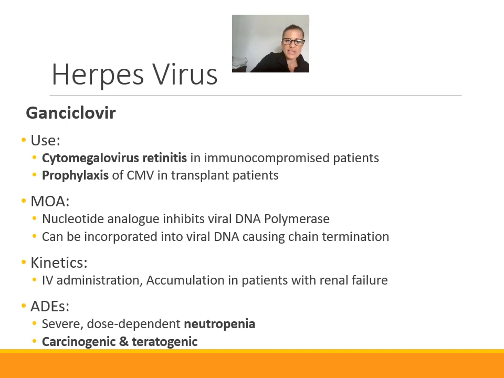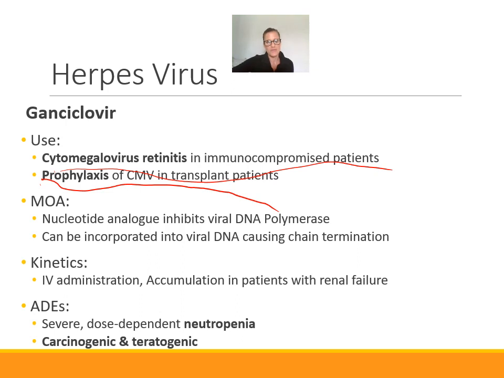We use it for CMV retinitis in immunocompromised patients. So like Sujathavir, right? Sujathavir is also used in CMV retinitis. But we use it not just for treatment, we can also use Ganciclovir for prophylaxis of CMV in transplant patients who are obviously immunocompromised or immunosuppressed.